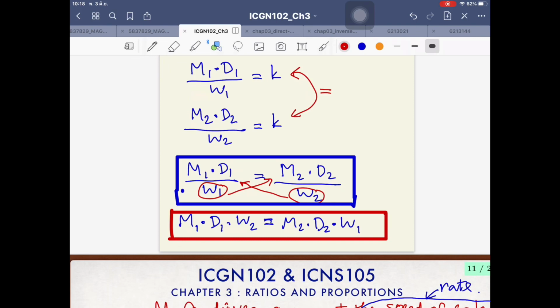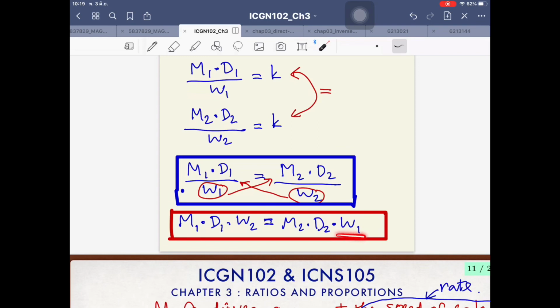For example, on the left side, the first two terms have the subscript 1, you have M1 and D1. But for the term W, the subscript must be 2. And then on the right side again, the first two terms have the same subscript 2, you have M2 and D2.